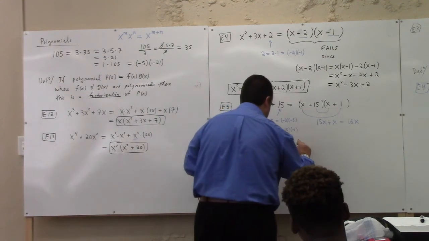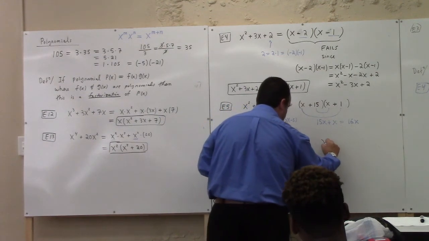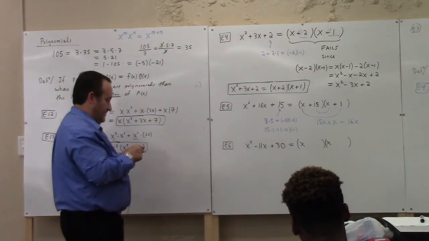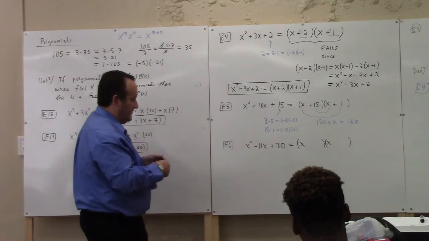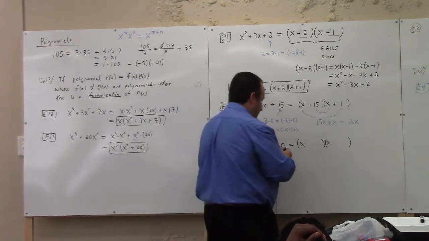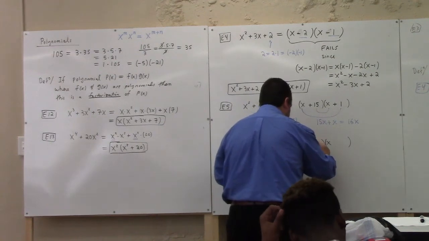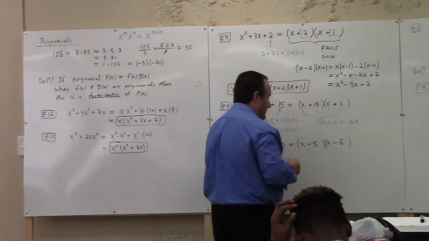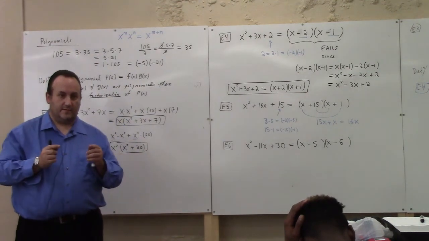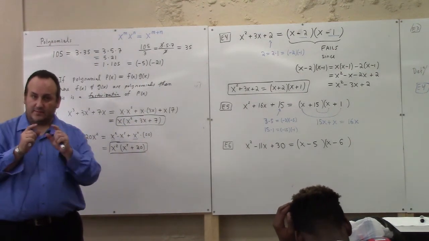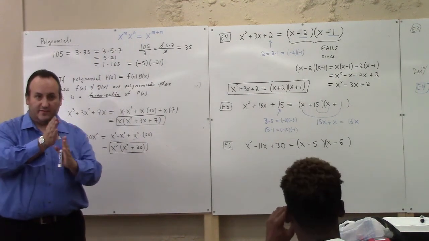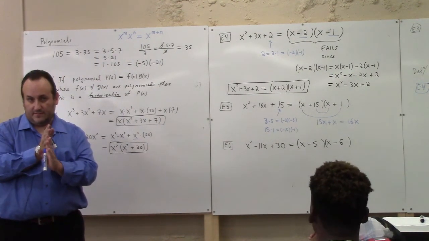All right, so x, I heard a minus 5 and minus 6. Very good. Now, how did they do that so fast? What was your thought process on that? They have to multiply together to give plus 30, and they have to add together to give the middle coefficient.